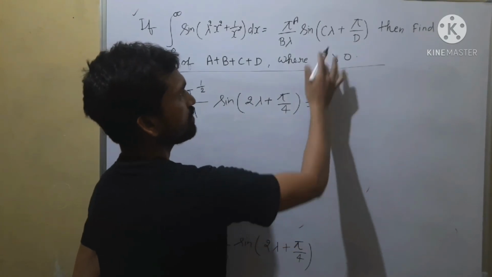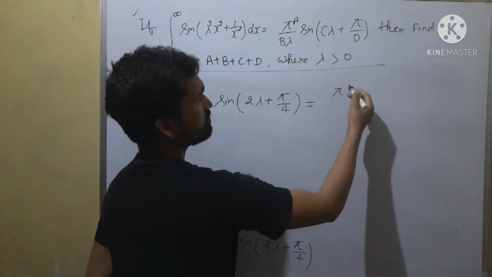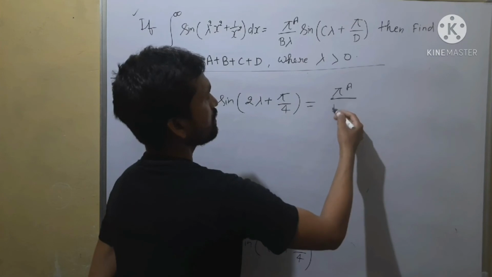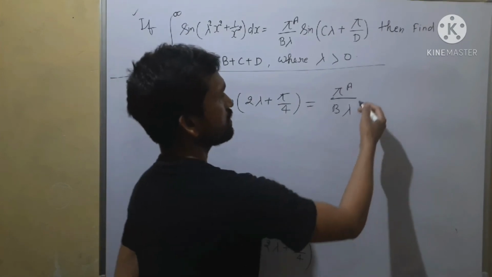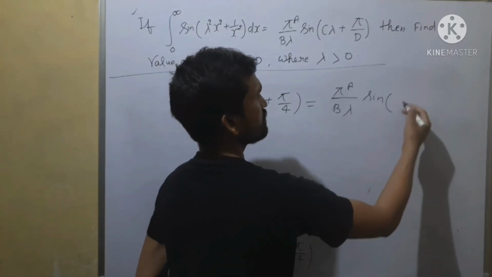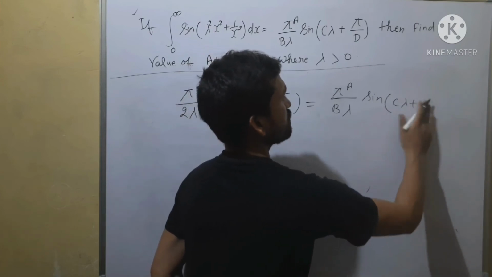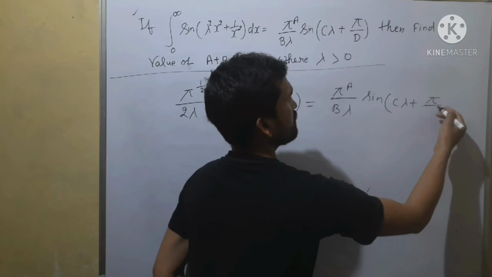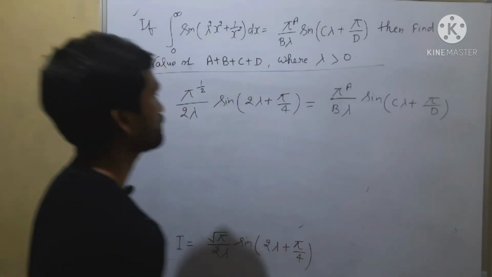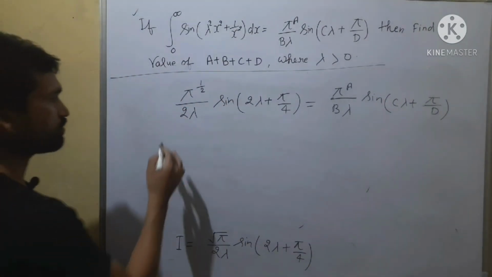So we can write here RHS as pi to the power a divided by b lambda into sin of c lambda plus pi by d.